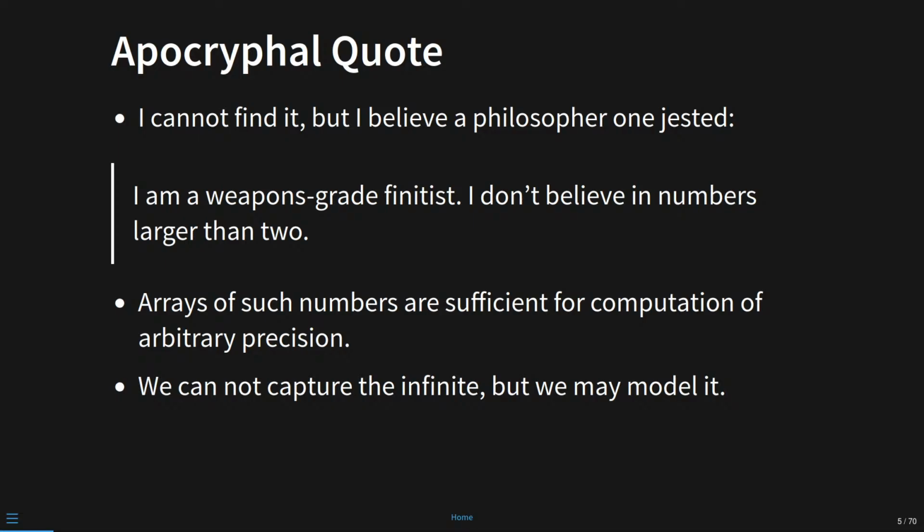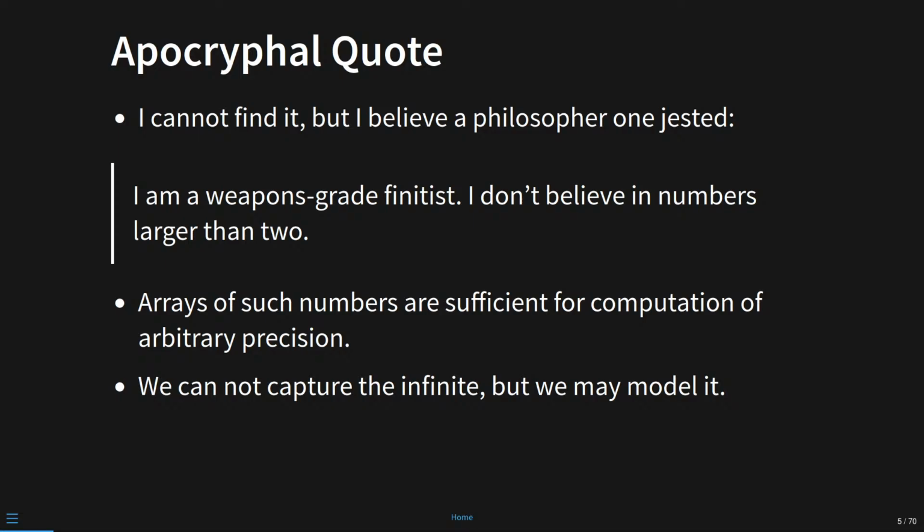And then some finitists are very extreme, and some of them don't believe in numbers larger than 2. I am one of these finitists, because I've never seen 2 of anything. Sometimes you're like, oh, there's 2 leaves. I was like, no, those are completely different leaves. That's one of this leaf and one of that leaf. What are you talking about? And then people always try and get me. They're like, but if I look at the periodic table of the elements, every hydrogen element is exactly the same.